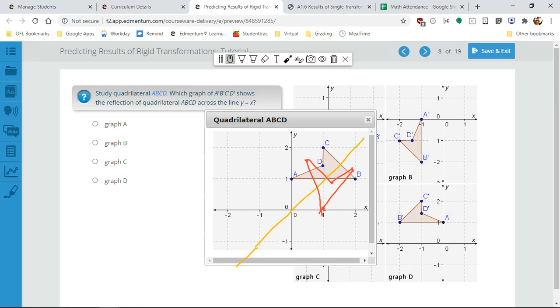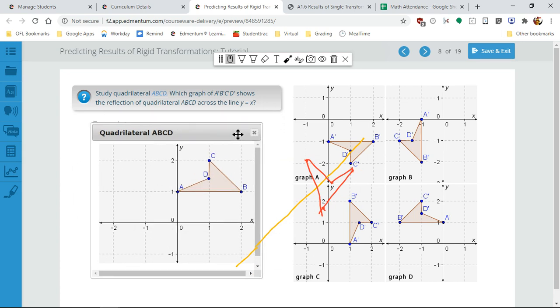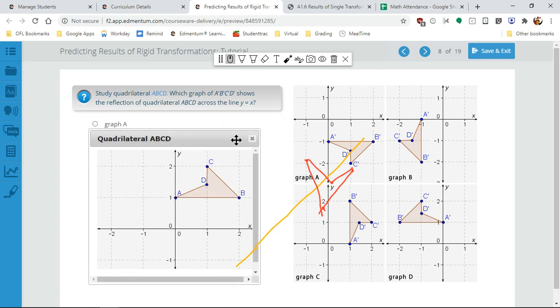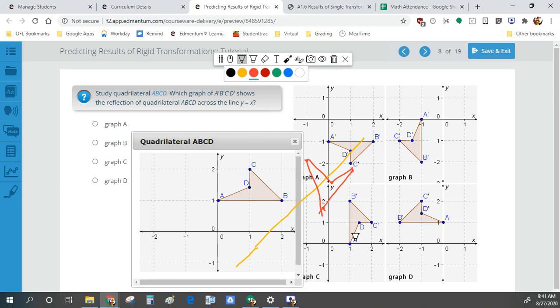Should be over there. Let's compare again. My best guess would probably be the A has to flip over here. Probably this one. I think I just drew it off a little bit. I might have connected my dots a little backwards, but I'm going to go ahead and guess this.